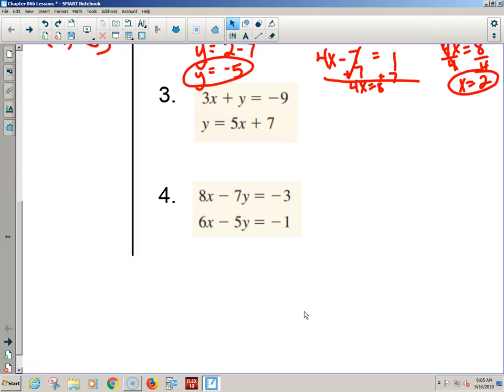Yes, I agree. 5x plus 7. Negative 9. I agree. Good work. 27.